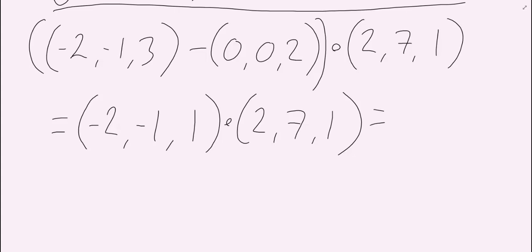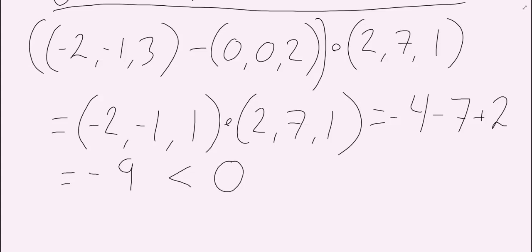Which equals minus 2 times 2 is minus 4, plus minus 1 times 7, that's minus 7, plus 1 times 1, plus 2. That equals minus 4 minus 7 gives us minus 11 plus 2, that's minus 9. Either way, this is less than 0, which means the angle is greater than 90 degrees.